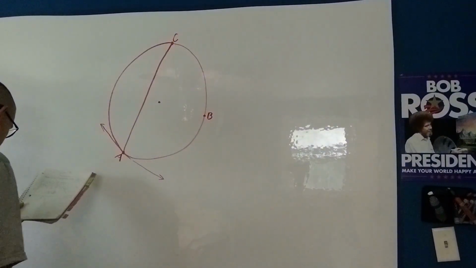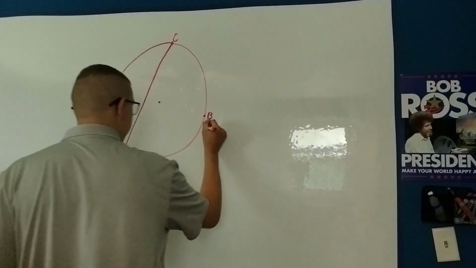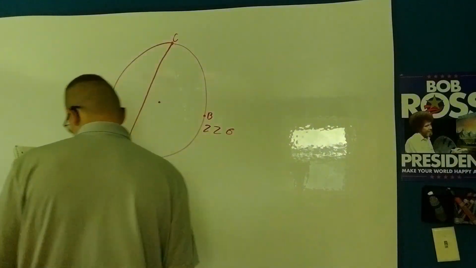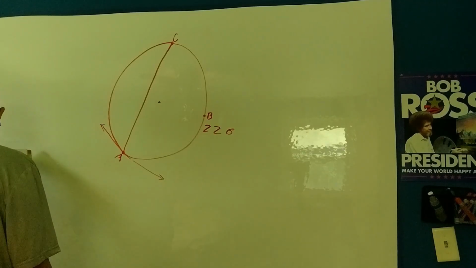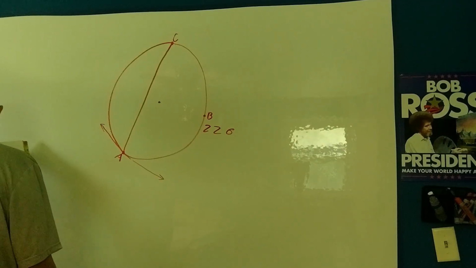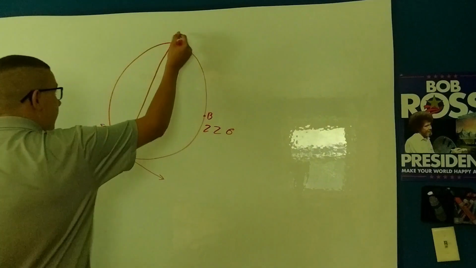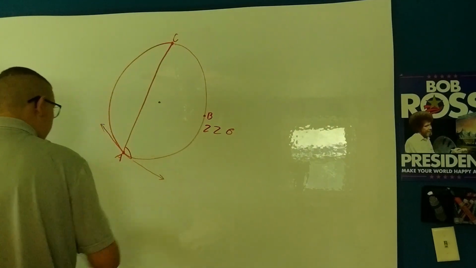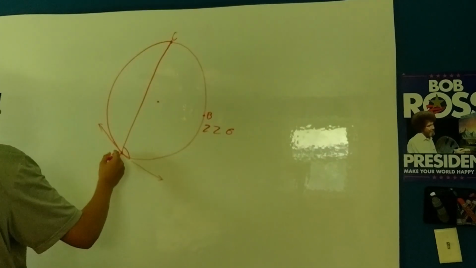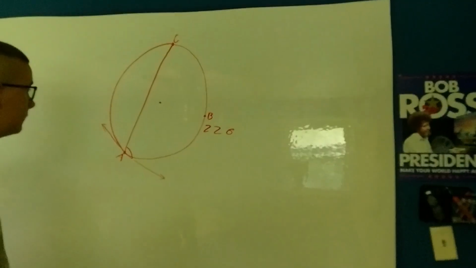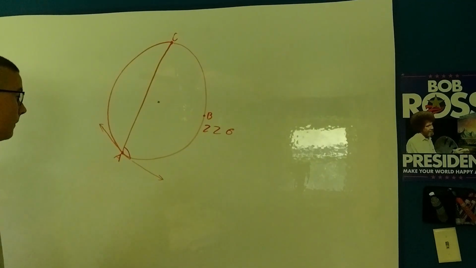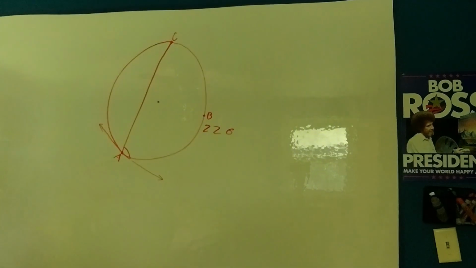And I'll tell you that arc ABC is 220. And I want you to find angle CAE, so this angle here, and I want you to find arc AC, so this arc length there, like that. So if you want to pause, try it on your own, and then I'll tell you.